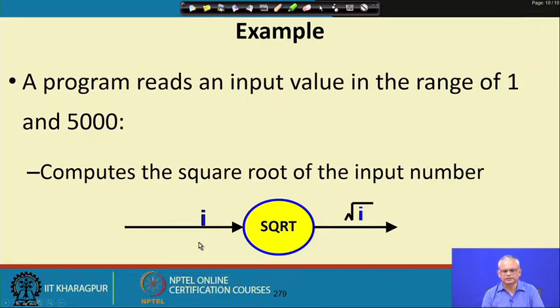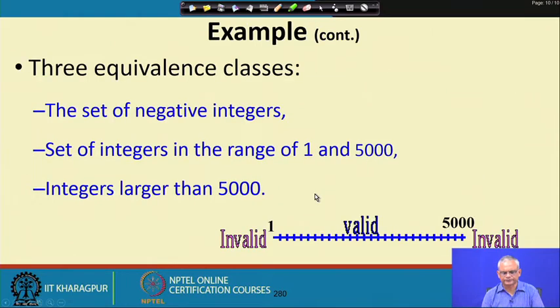Let us take another example where we have a function named square root, which takes an input value in the range 1 to 5,000 and produces the square root. By observing the input value, we find that there is one valid equivalence class and two invalid equivalence classes. The valid equivalence class is anything between 1 to 5000, one invalid equivalence class is anything more than 5000, and another invalid equivalence class is the set of negative numbers.